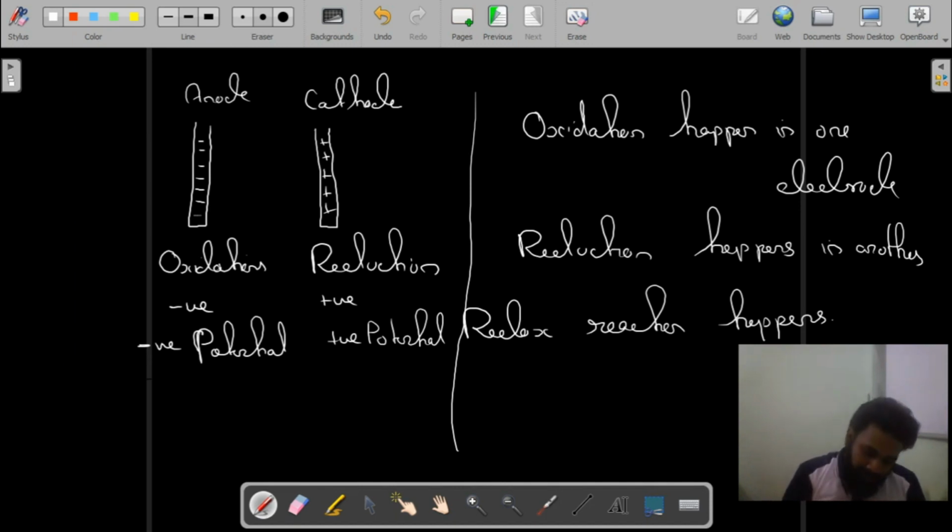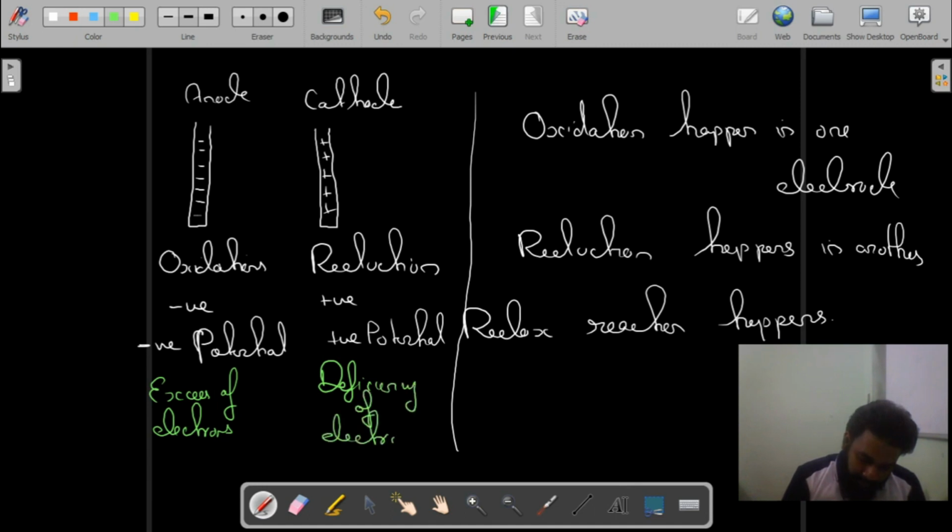So here at the anode we can say there is an excess of electrons, and on the other side, the cathode, there will be a deficiency of electrons. This is how this activity works.